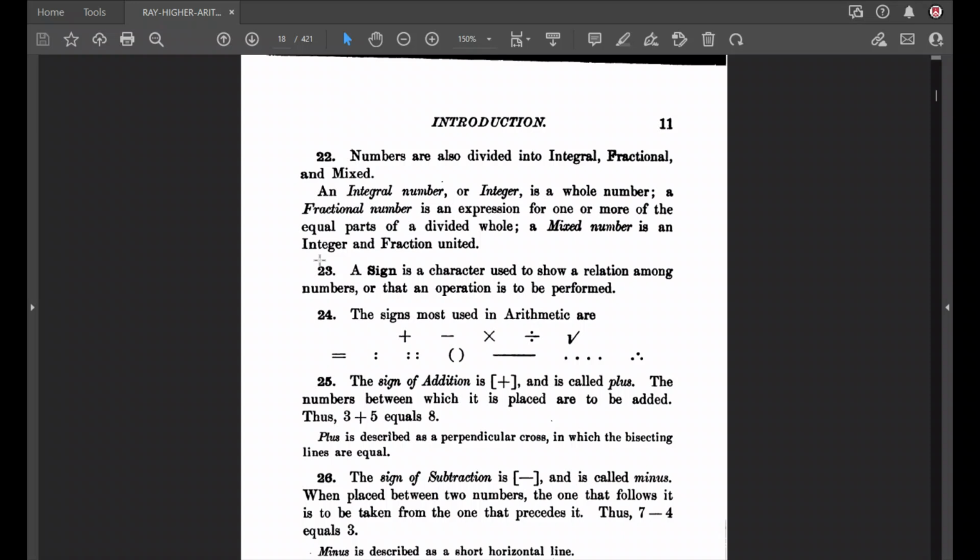A fractional number is an expression for one or more of the equal parts of a divided whole, and a mixed number is an integer and fraction united. 7 is an example of an integer. 3/4 is the example of a fraction. 7 and 3/4 would be the example of a mixed number. Okay, that brings us to where we're going to stop the content for this lesson.